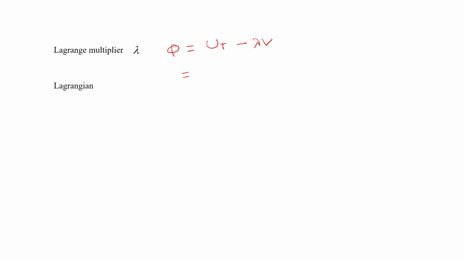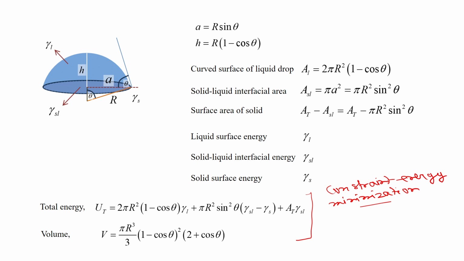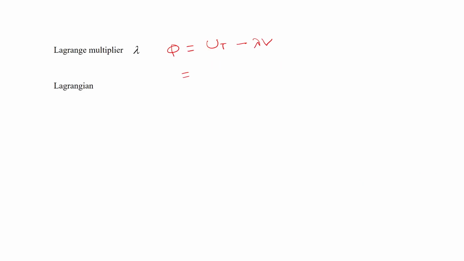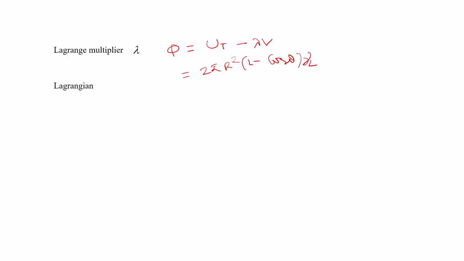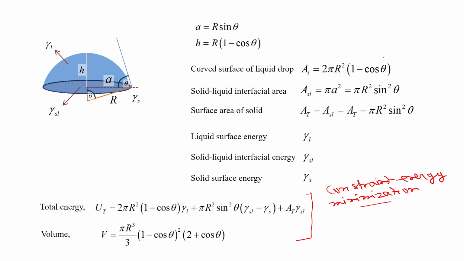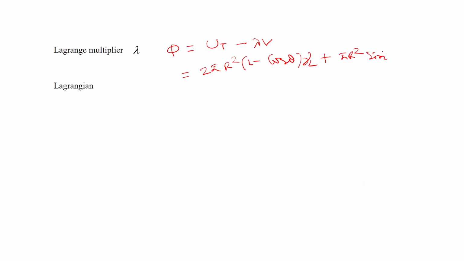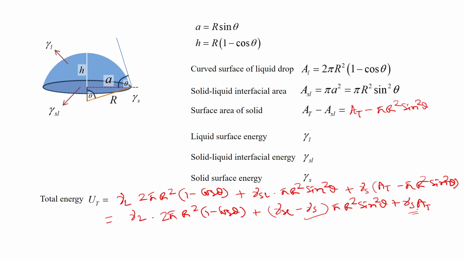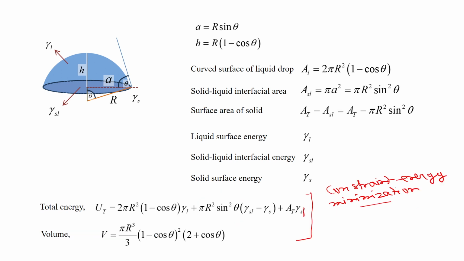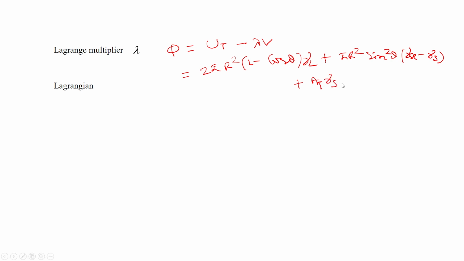So, here this UT that we have derived earlier is 2 pi r square into 1 minus cos theta into gamma L, plus pi r square sin square theta into gamma SL minus gamma S, plus AT into gamma S. There is a typographical error here, it should be gamma S plus AT into gamma S, like that.